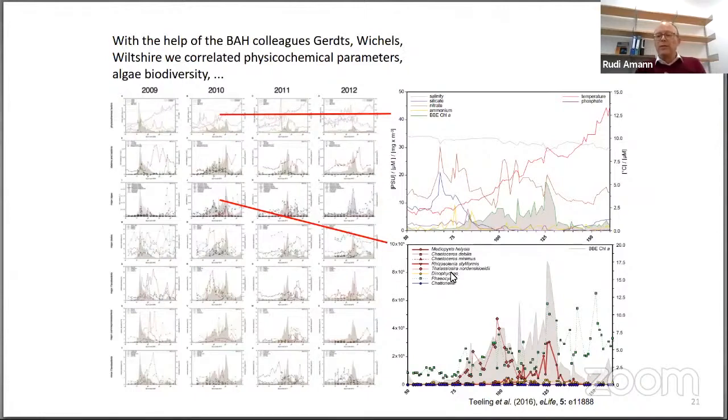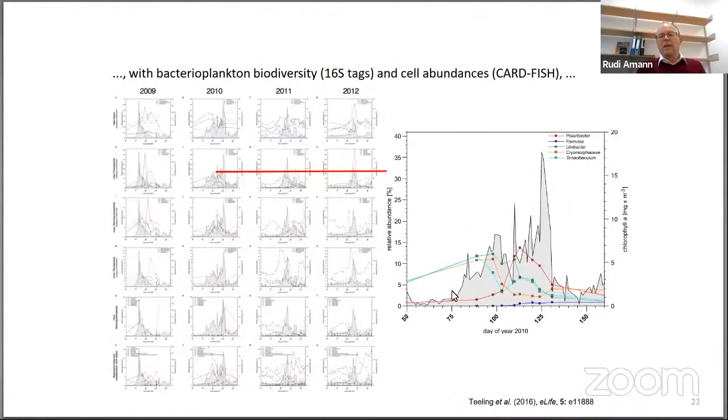This is how a particular year, the year 2010, looks with respect to main diatoms, for example, and Phaeocystis, and Chattonella, and others. So we know exactly which type of phytoplankton is blooming. And that is then correlated with other things, like the bacterioplankton biodiversity, the cell abundances we count in microscopic ways with a technique called CARD-FISH.